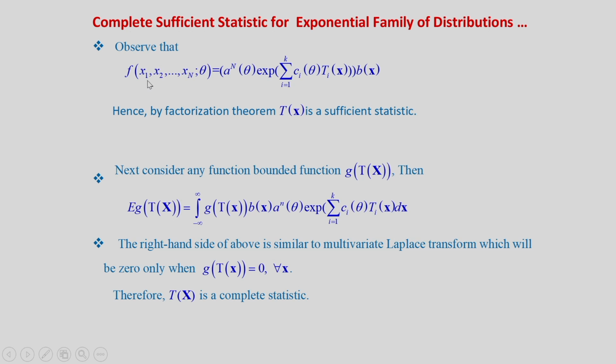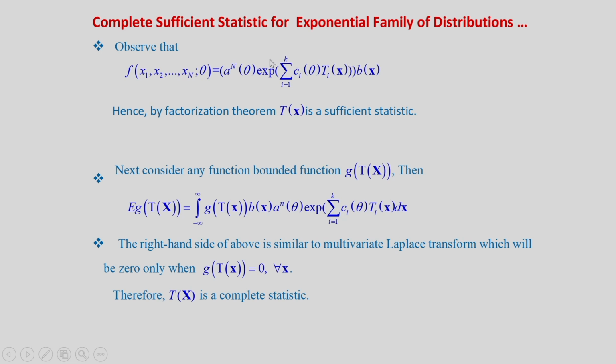Now, we observed that this joint PDF can be written like this: a to the power n (theta) into exponential of the summation of ci(theta) ti(x), i going from 1 to k. This is one factor which is a function of the ti's, that is the sufficient statistic, and theta, and into b(x) there is another term b(x) which is simply a function of x.